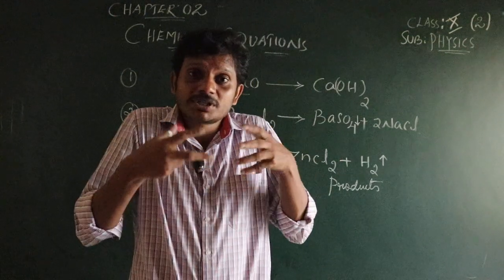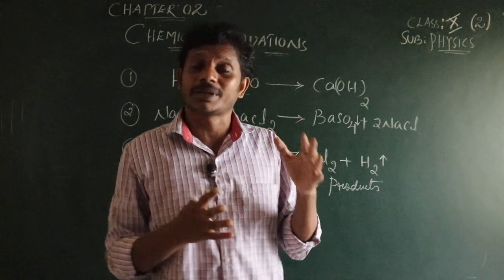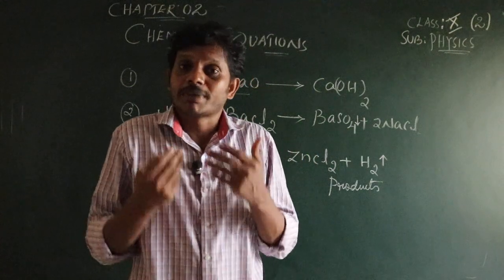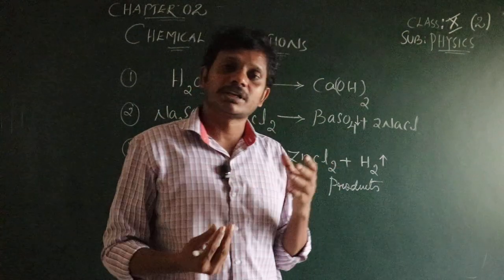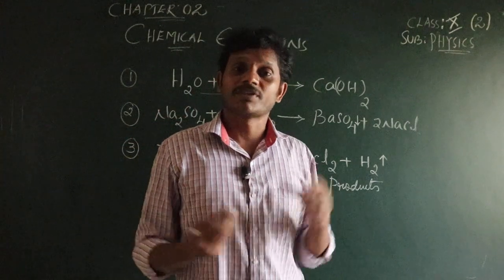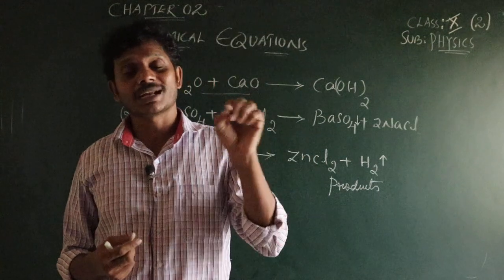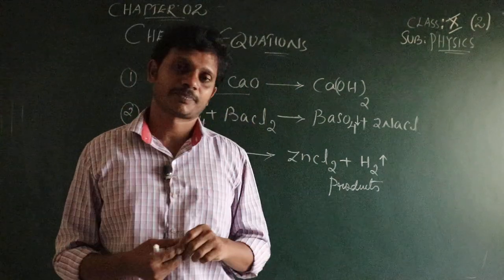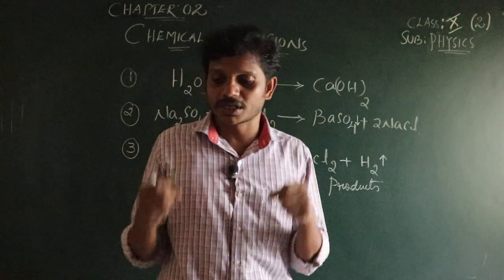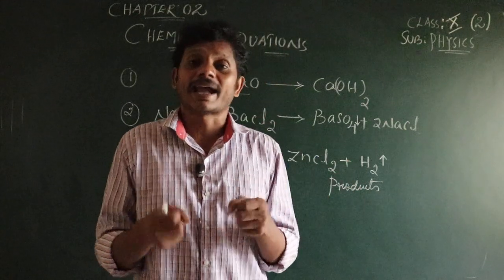If heat is absorbed, if heat has to be supplied to complete the chemical reaction, for example with the help of a spirit lamp or Bunsen burner, then that chemical reaction is endothermic. Heat is absorbed.